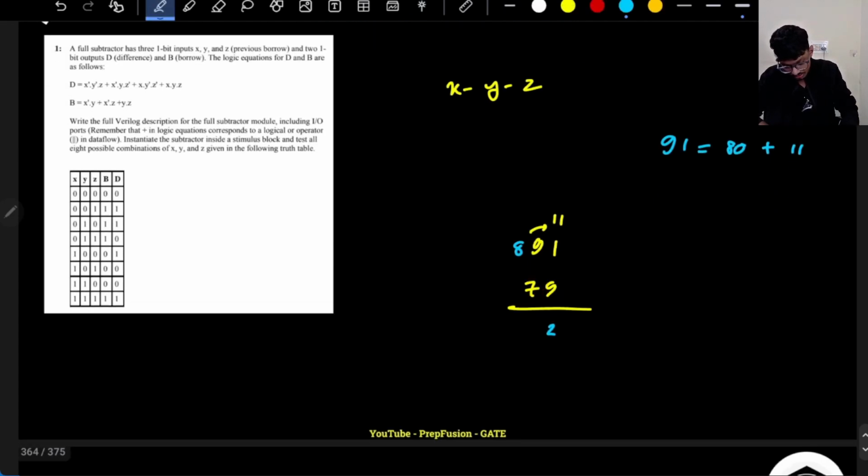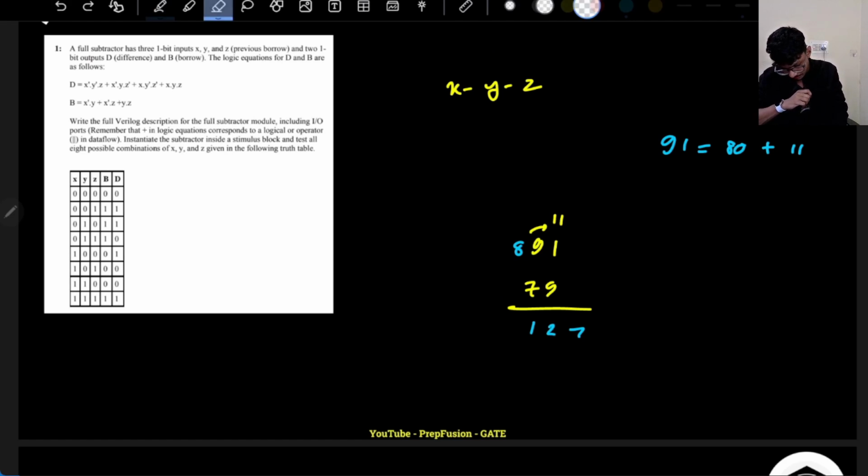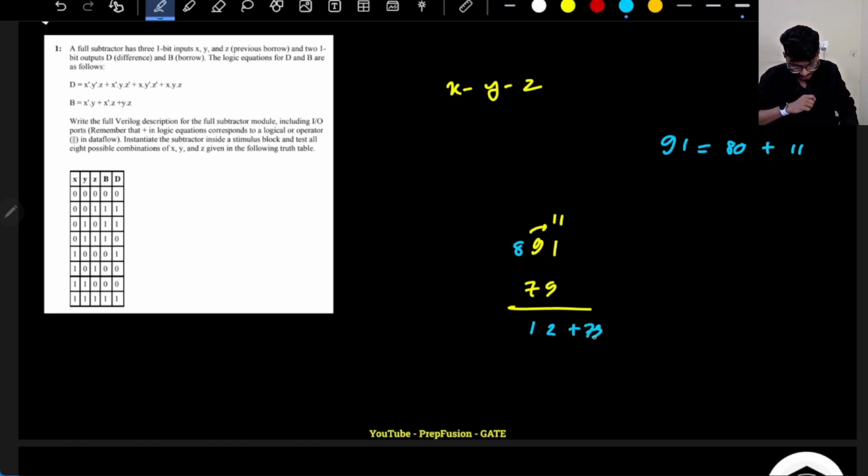So ultimately this will be 1. Am I getting it correct? 12 plus 79 will exactly give me 91. So I am absolutely correct. That is what we do in the decimal number system.